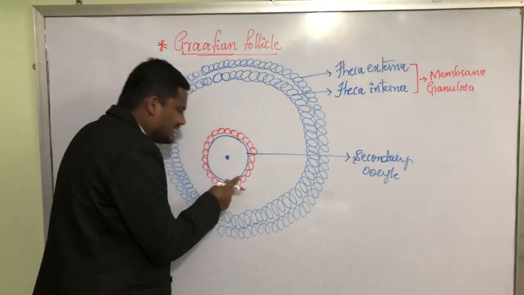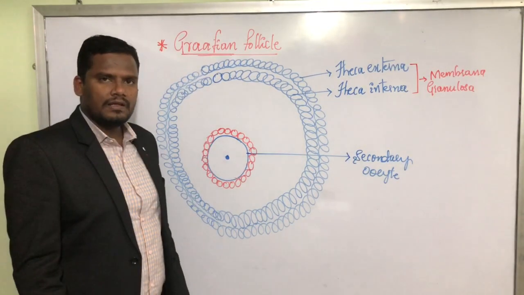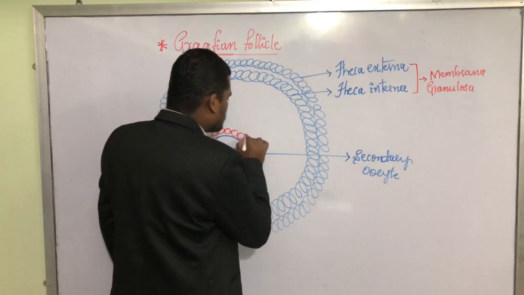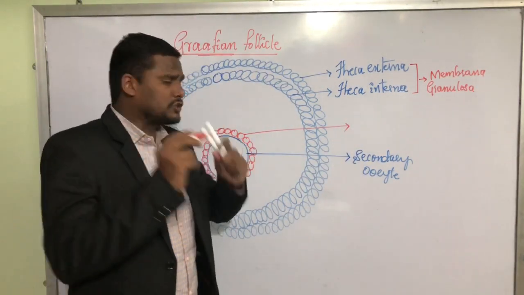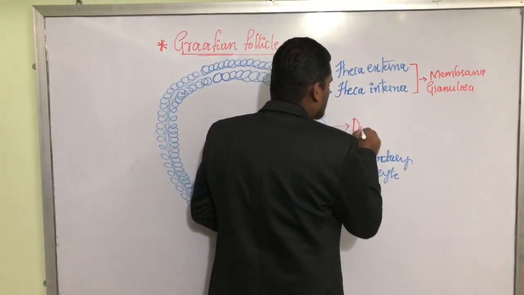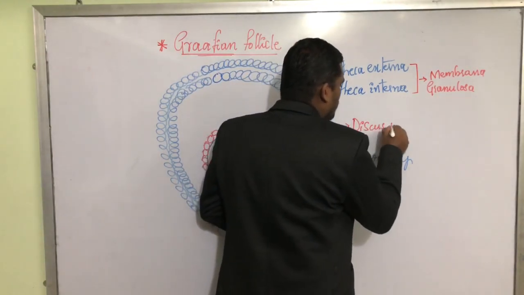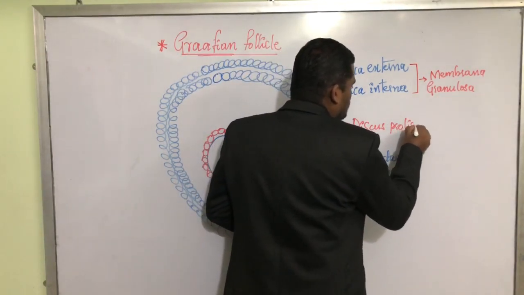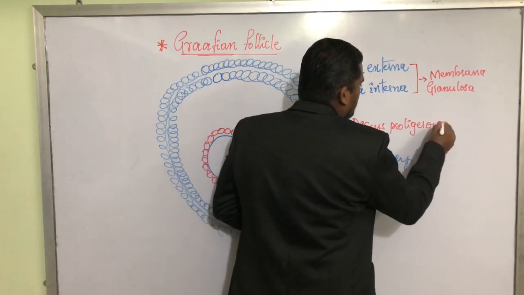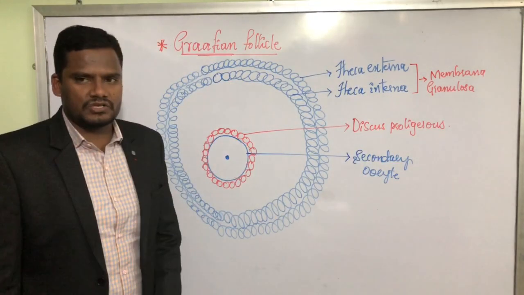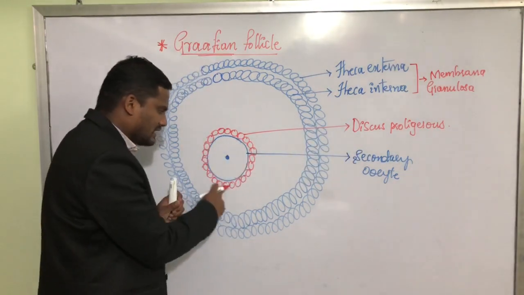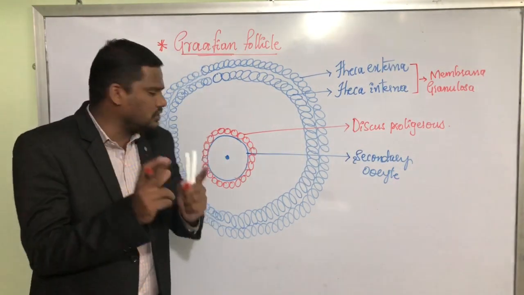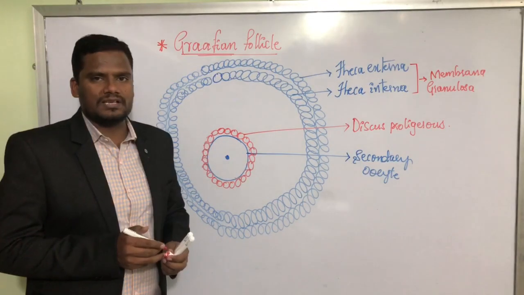Generally, it is a single layer of cells. This layer of cells that surrounds the secondary oocyte is called discus proligerus. They are the follicular cells that surround the secondary oocyte cell.